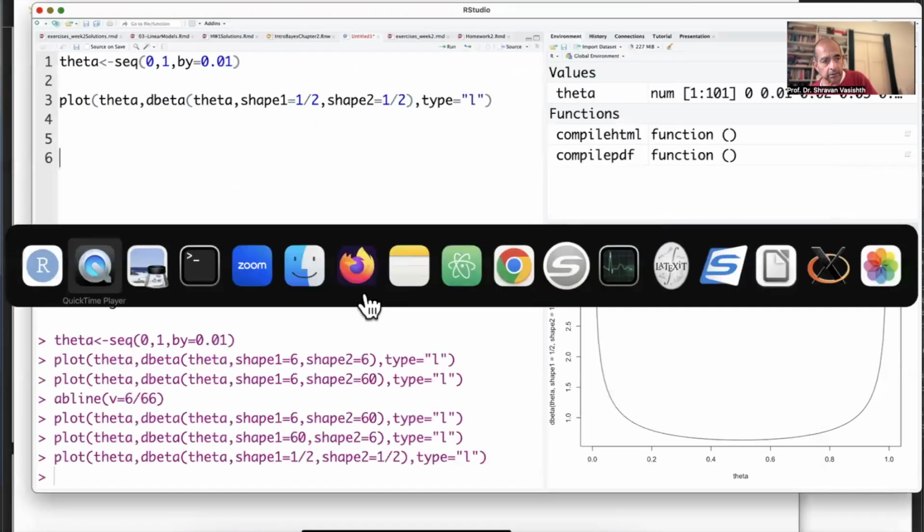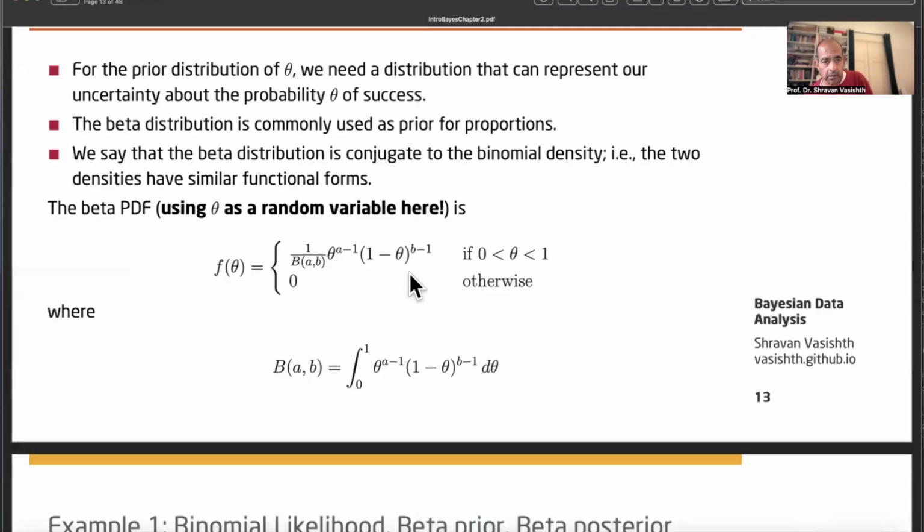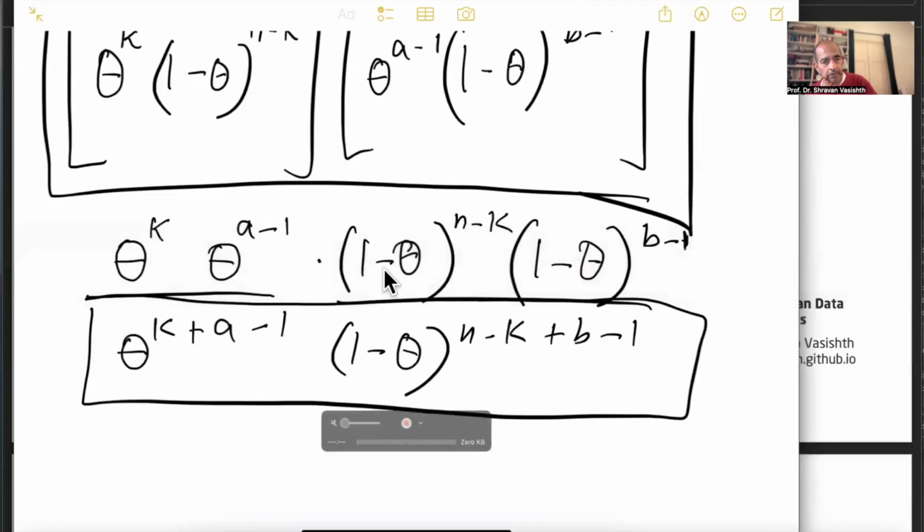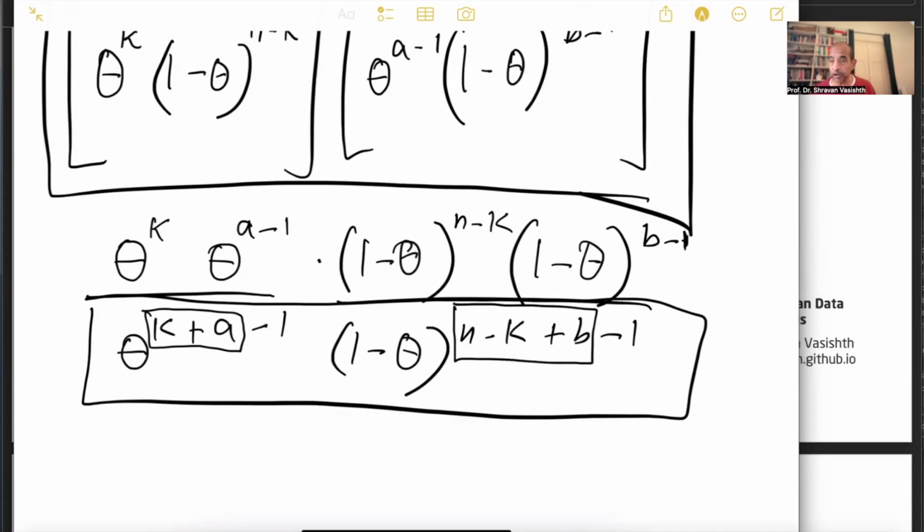Let's go back. Here's my beta distribution. This is just the kernel of the beta distribution again, because it has the same form. Instead of a minus 1, it is k plus a minus 1. This is my new a. And instead of b minus 1, what I have is n minus k plus b minus 1. This is my new b.